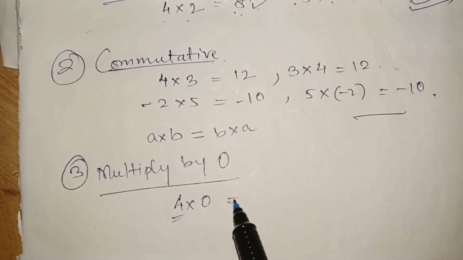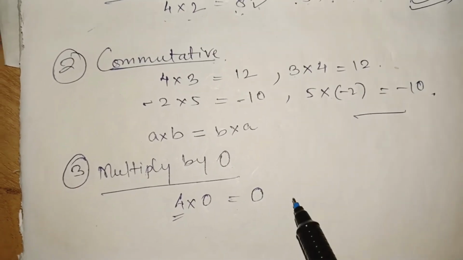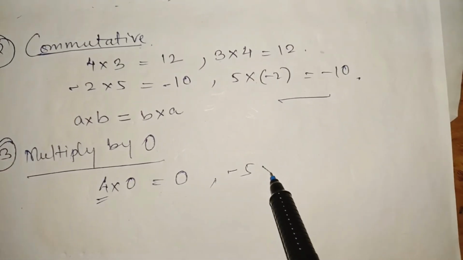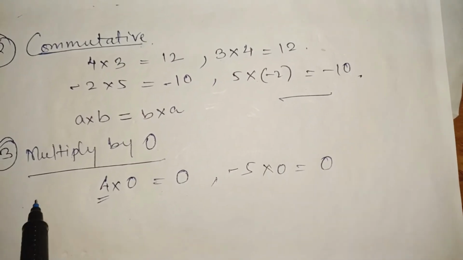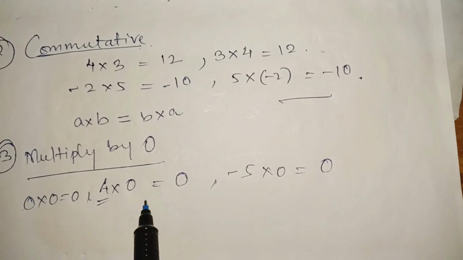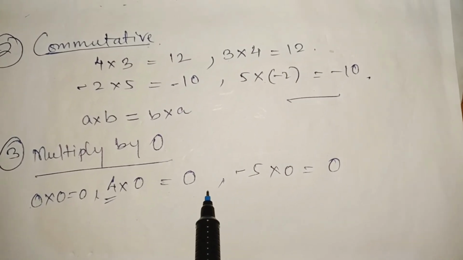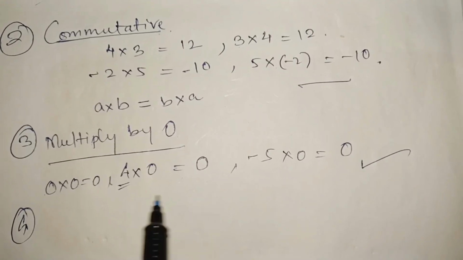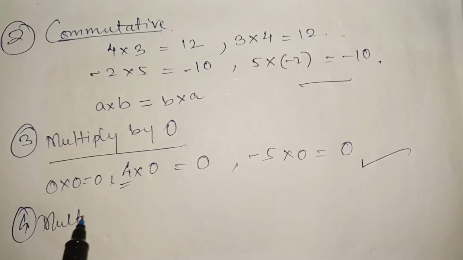I am taking any integer, then the end result will be 0. Or if I multiply minus 5 into 0, again I am getting 0. 0 इंटू 0 0 सी। तो हम किसी भी इंटीजर को अगर 0 से मल्टीप्लाई करते हैं देन द एंड रिजल्ट विल बी 0.